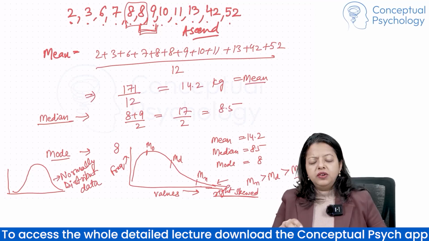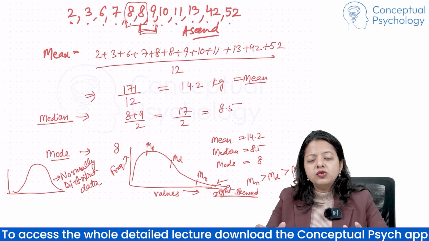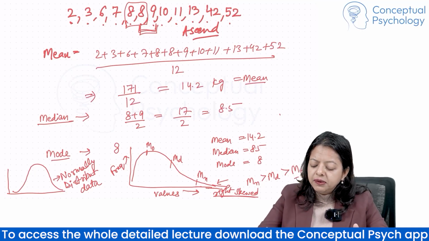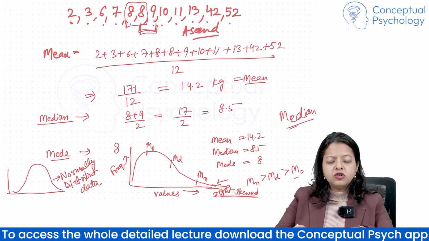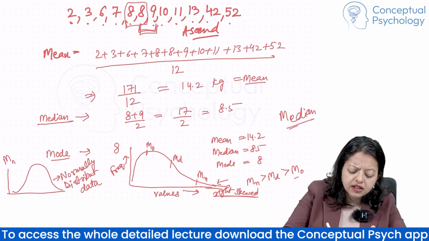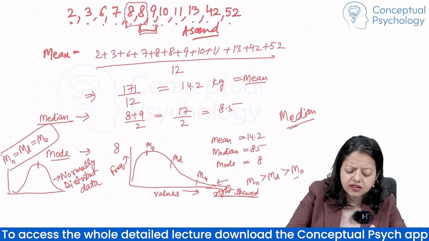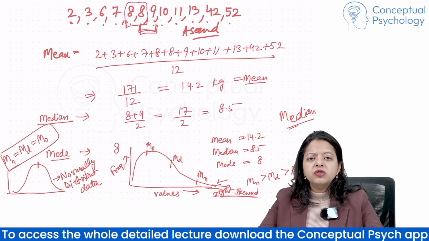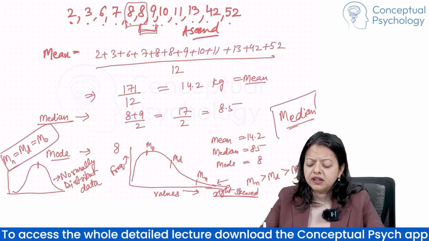And when the data is not normally distributed, it is skewed, then the better measure of central tendency is median. In normally distributed data, mean is equal to median and it is equal to mode. They are of the same value and they lie here. Okay, so in skewed data, a better measure of central tendency is median.